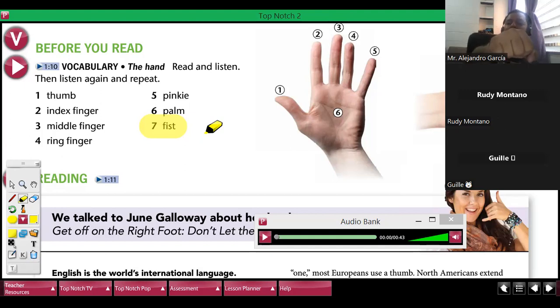Sometimes you greet people with your fist, right? When you close your hand, we have a fist.